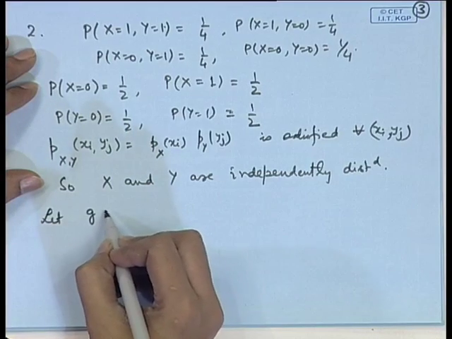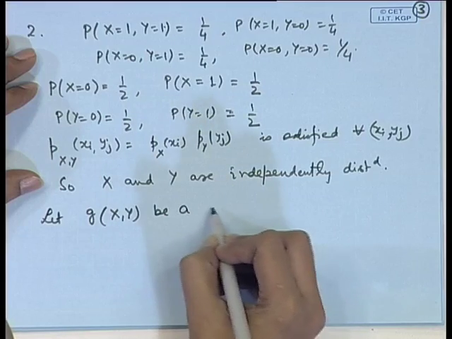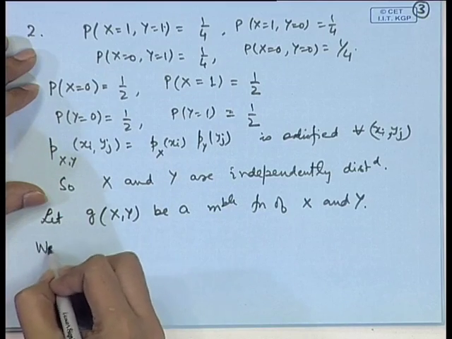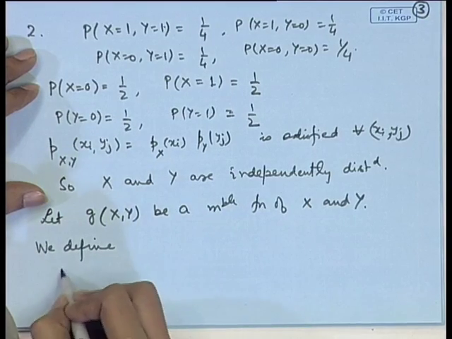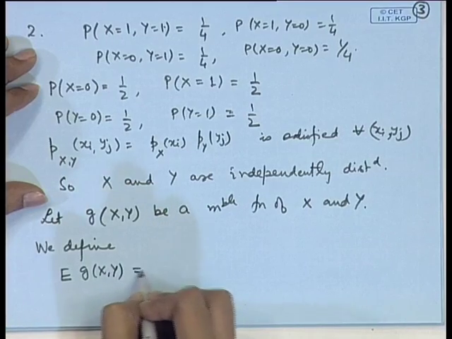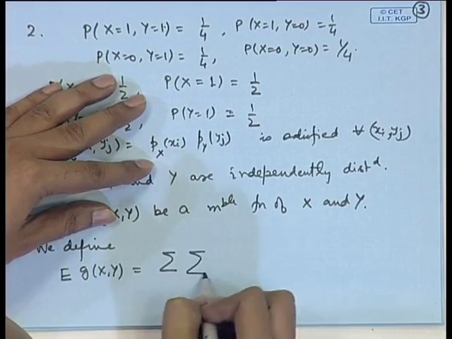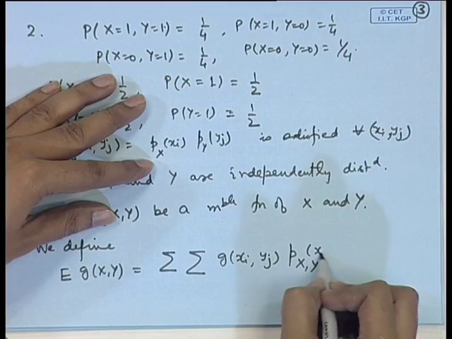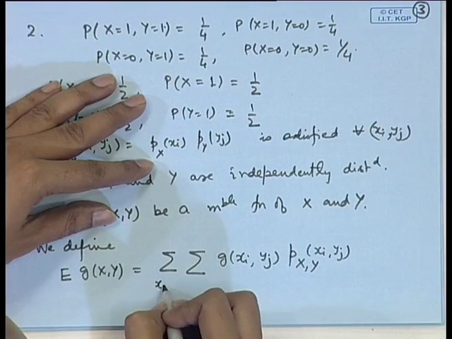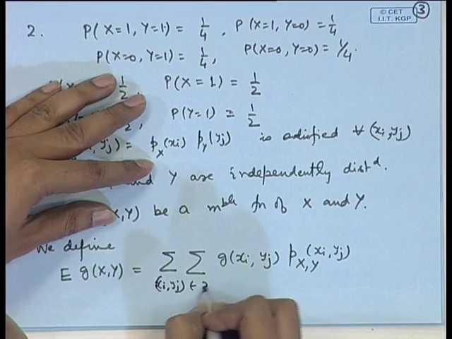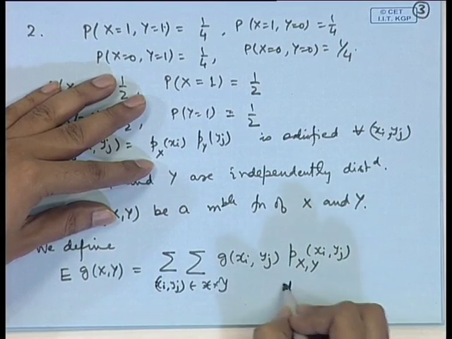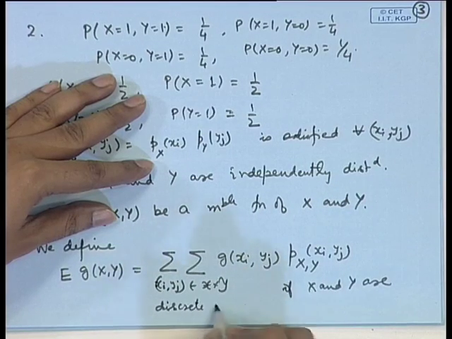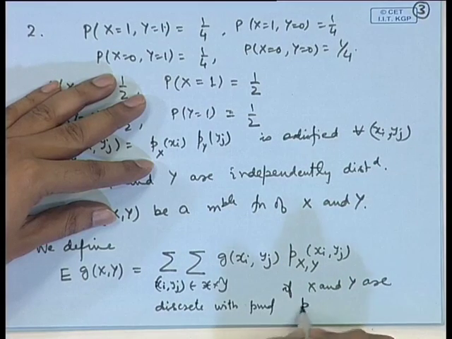So, let g(x, y) be a measurable function of X and Y. So, we define expectation of g(X, Y), that is equal to, if X and Y are discrete, the sum of g(x_i, y_j) p_{XY}(x_i, y_j) over all x_i and y_j in the range of X cross Y. This is if X and Y are discrete with PMF p(x_i, y_j).